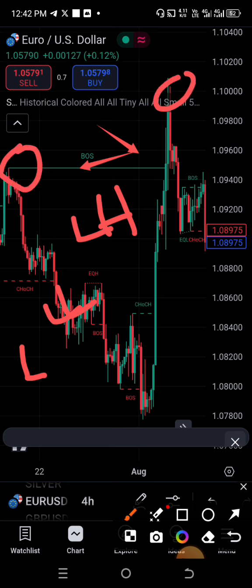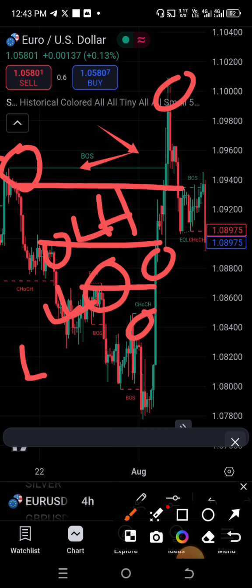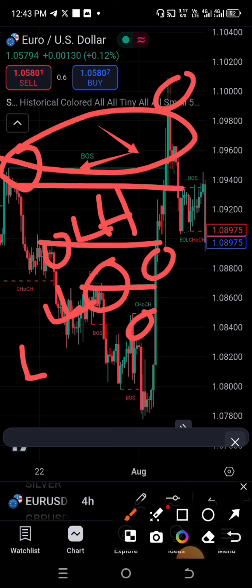This is another high here that gets completely broken around here. If you were on a lower time frame, then we would be seeing all these ones. All these are highs and lower highs. As they get broken to the upward side, we keep having break of structure, break of structure, break of structure before this big break of structure.